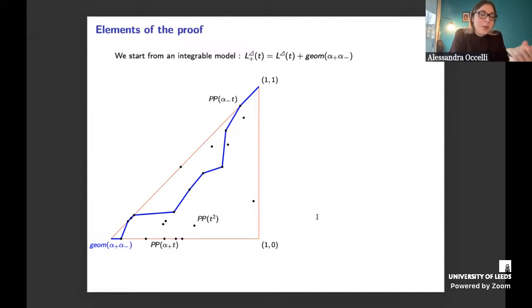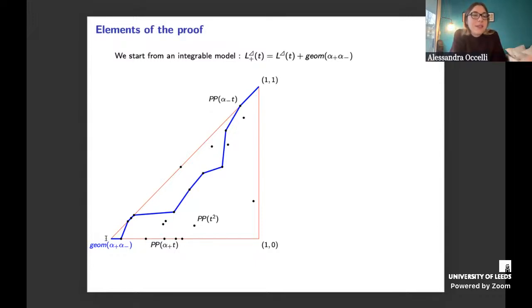The fact that you have a geometric random variable here might sound weird, but the point is that this Poisson limit, as Patrik explained, is the limit of a geometric LPP. When you take the limit to Poisson, this geometric random variable is not affected by the limit.